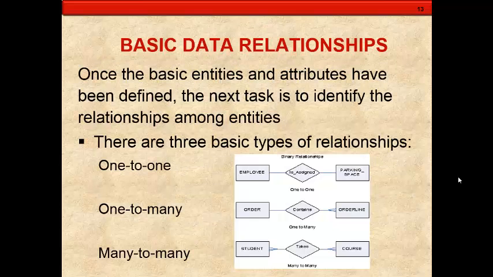Now, there are 3 basic types of relationships between these entities that go into our ERD. And I'll talk about each one of these a little bit, but you're going to read a lot more in that appendix.